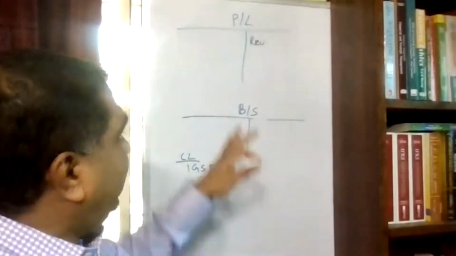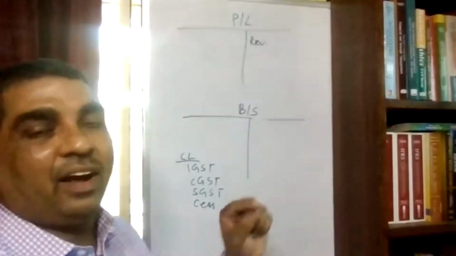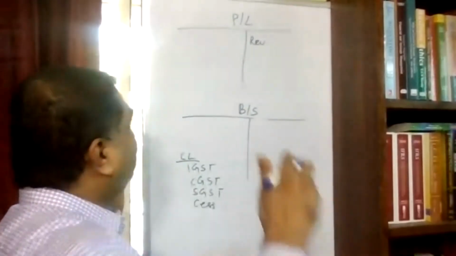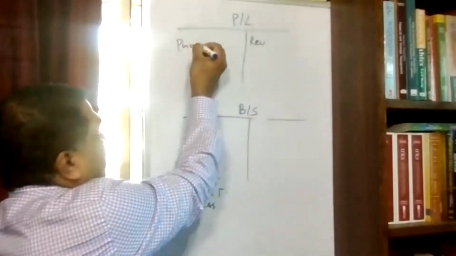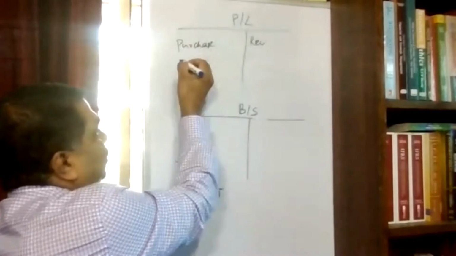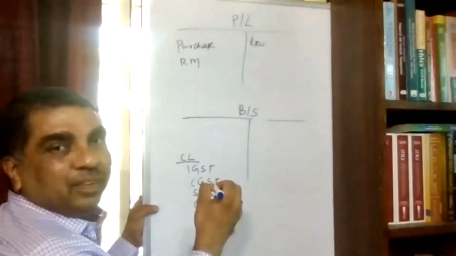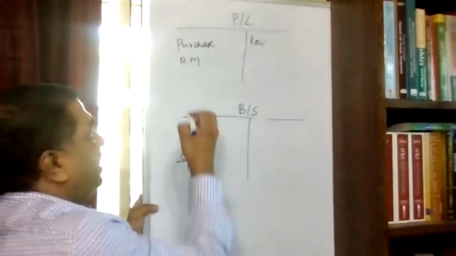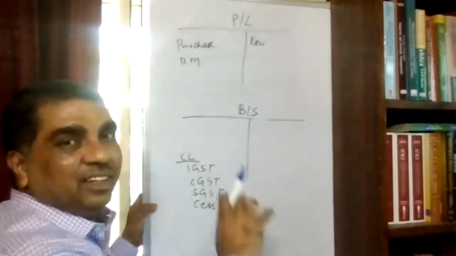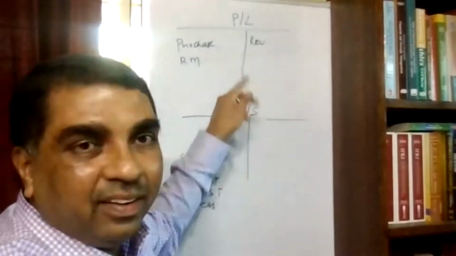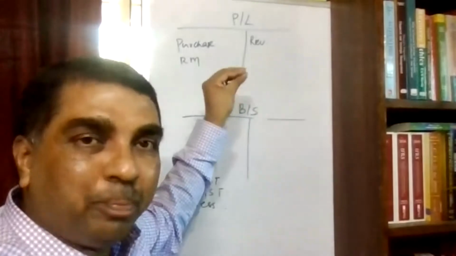Now, whenever you are purchasing something or availing some input tax credit, those entries will be here. Let us say you purchase raw material and you avail some services. When you pay that money, you are also paying GST on it.